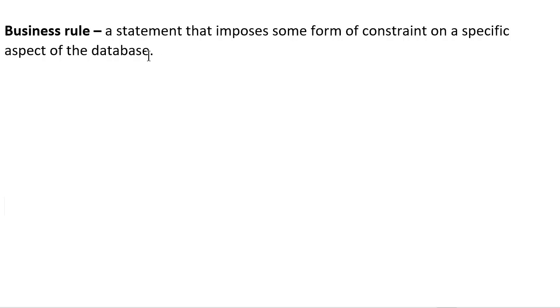So that would be one example. Or if you're doing it for a medical office, you can't have more than 2 visits in a day. I don't know if that's a rule or not, but it might be something that you need to have that database reflect. And that's what we're talking about here.